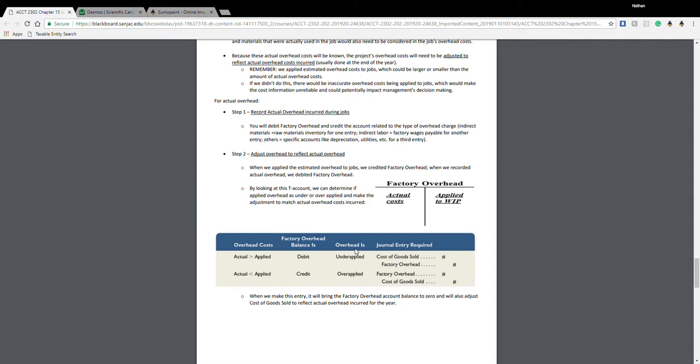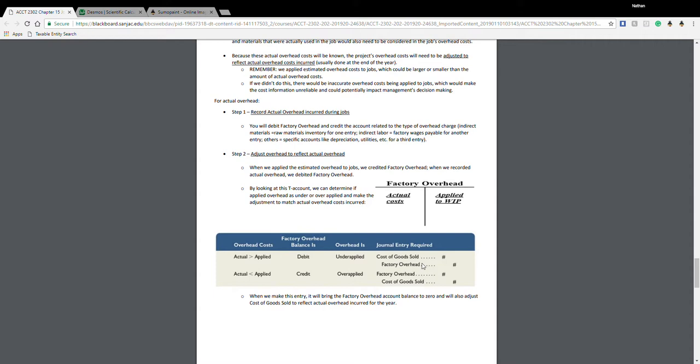Basically, the bills were more than what we expected. It happens. So our journal entry, to get overhead down to 0, is we take cost of goods sold and debit it for the amount of the difference, and then credit factory overhead. That should balance things out.